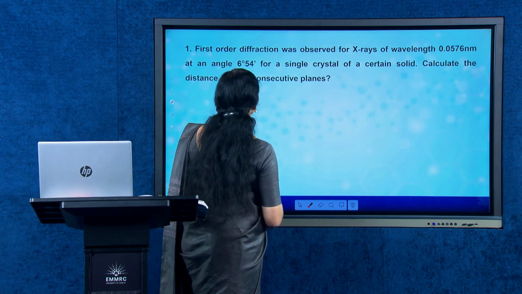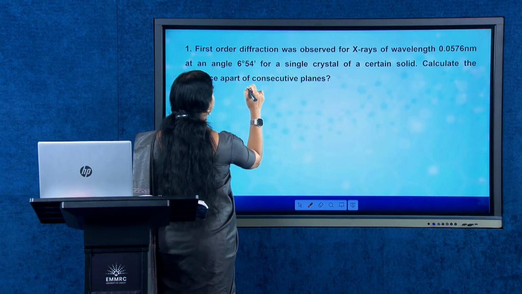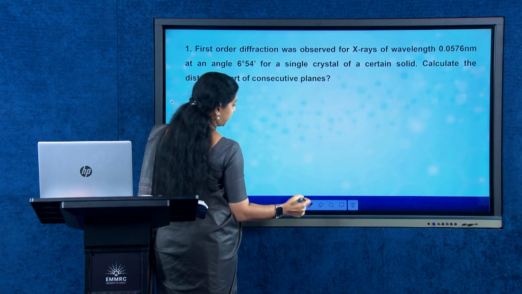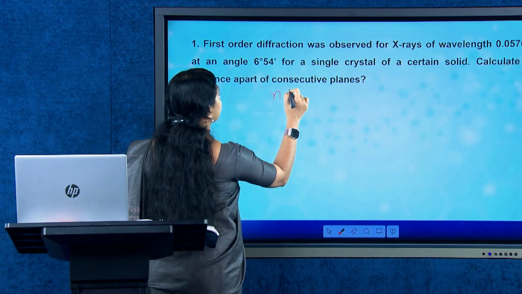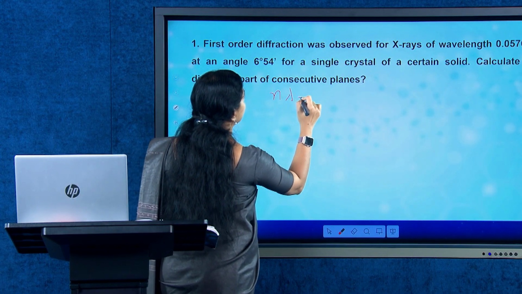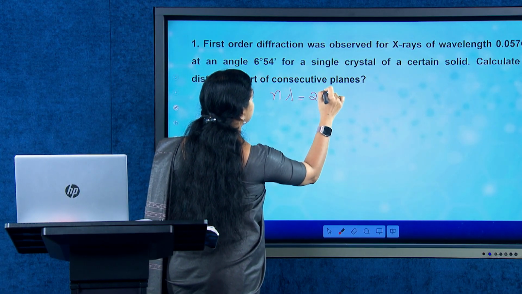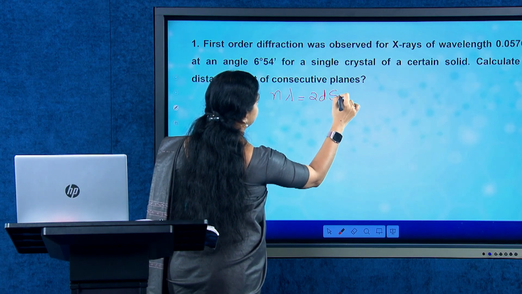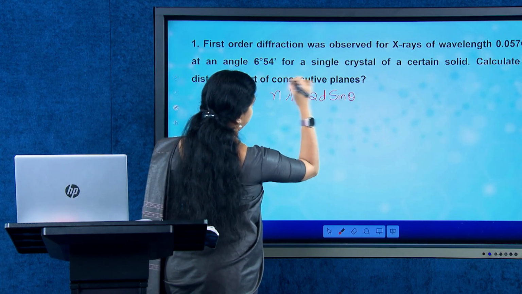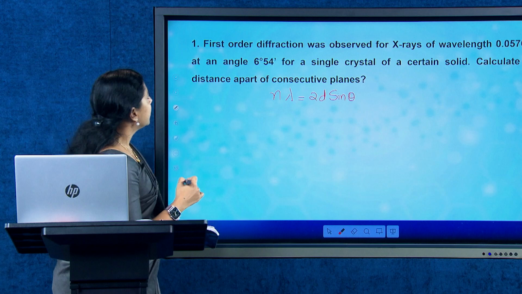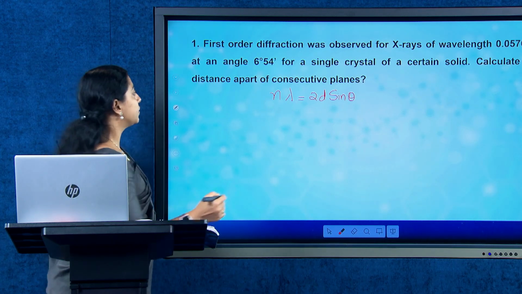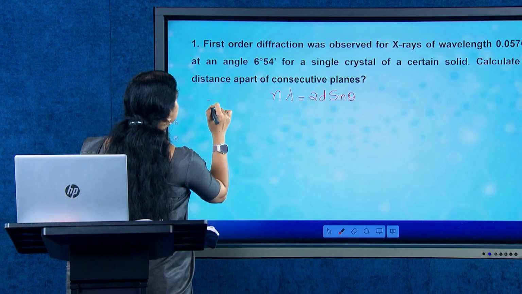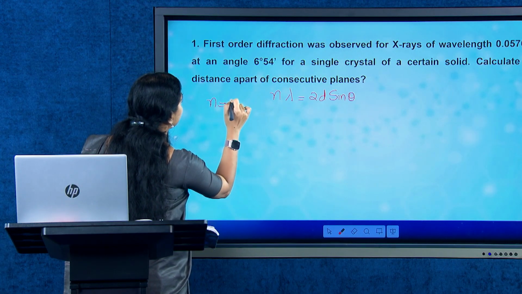So, first let us write the Bragg's equation. We have the basic equation n lambda equals 2d sin theta. It is given that first order diffraction was observed. First order diffraction means the value of n equal to 1.